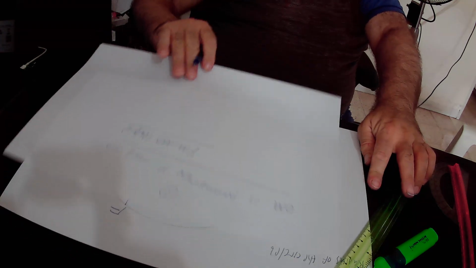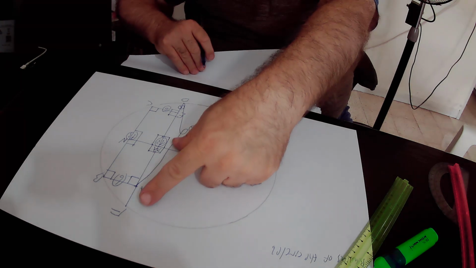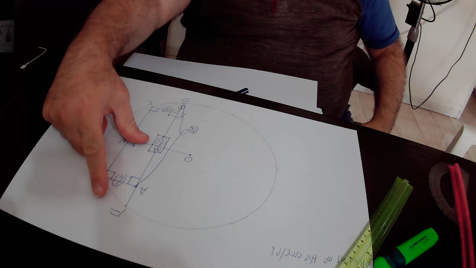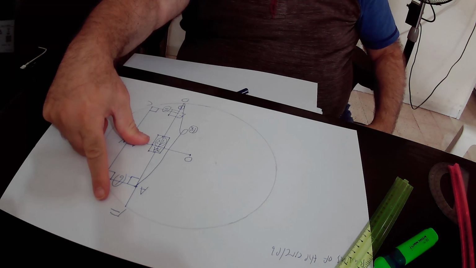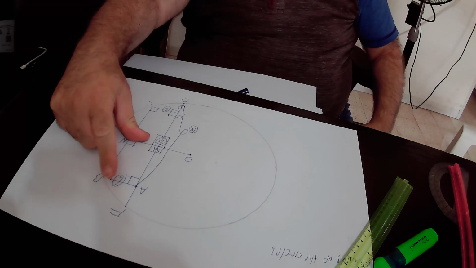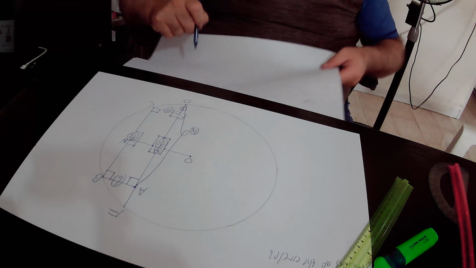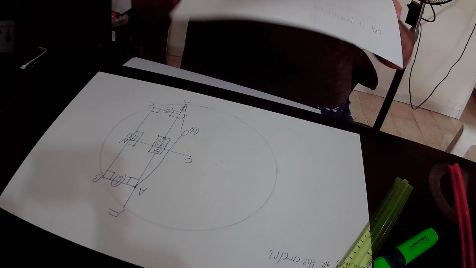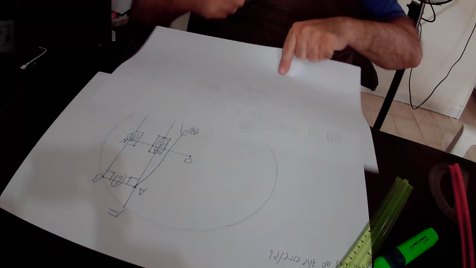Okay. What is actually FM? You can see here that FM is FA plus AM. So we can substitute FM by FA plus AM, and it is equal to MD.